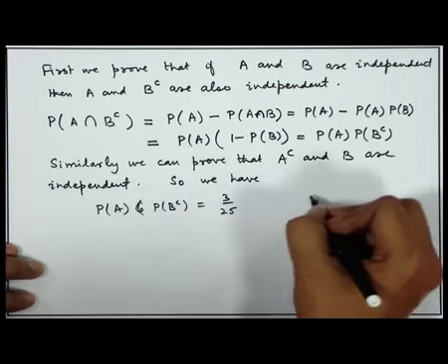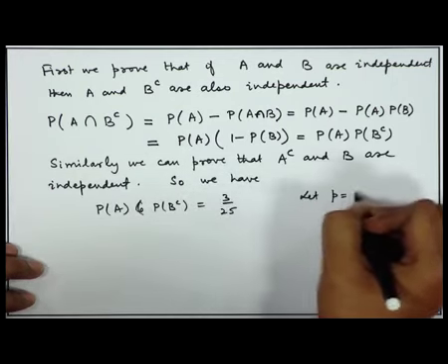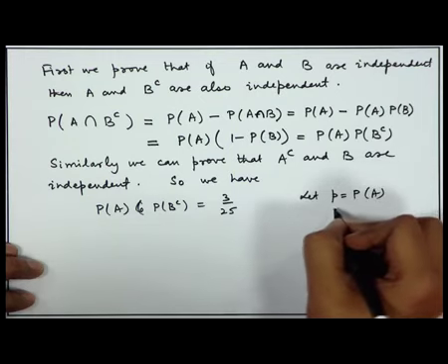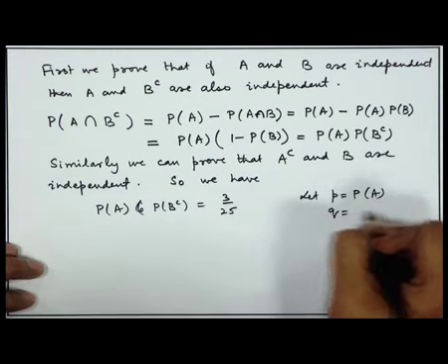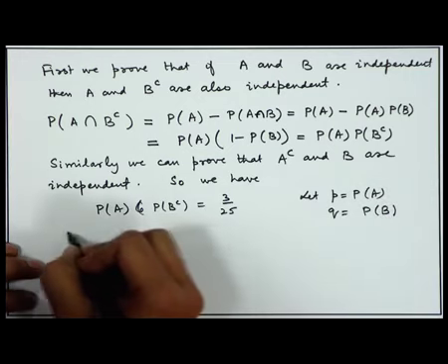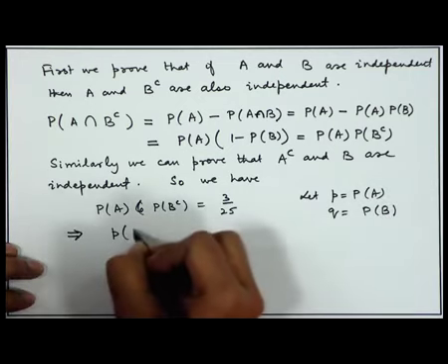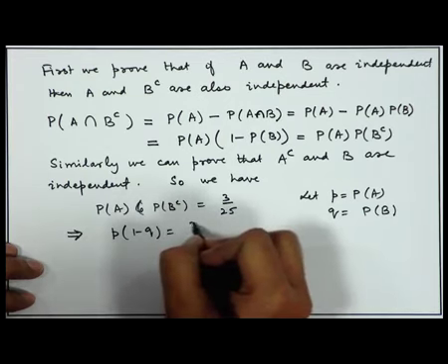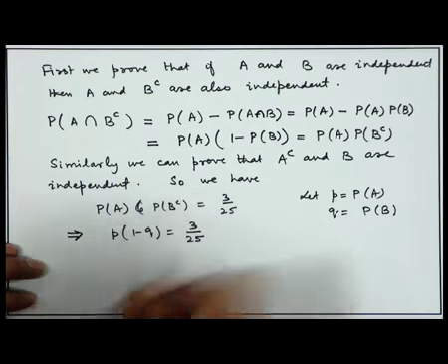Let us use some notation. Let us write, say, P is equal to probability of A and Q is equal to probability of B. Then this implies P into 1 minus Q is equal to 3 by 25.